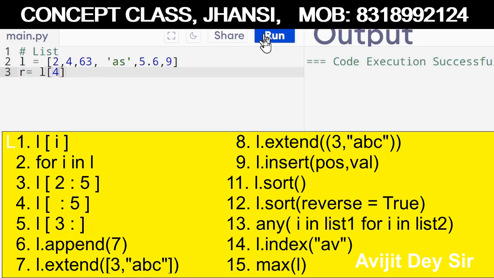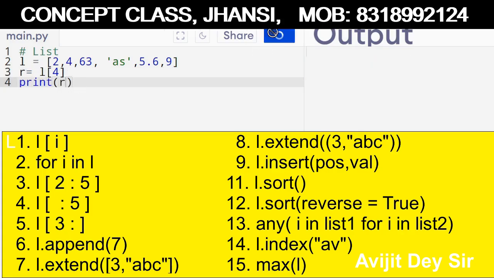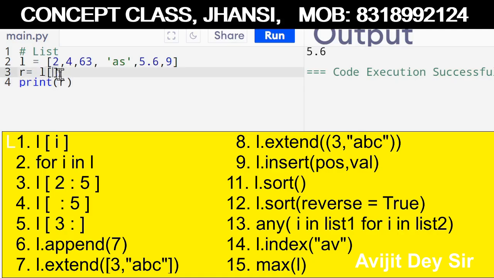Index number 4, we haven't given the print, so print R. So it is 5.6, that is 0, 1, 2, 3, 4. Index number 4, it is 5.6. If we change the index number, say it is 2, then it will give 63.